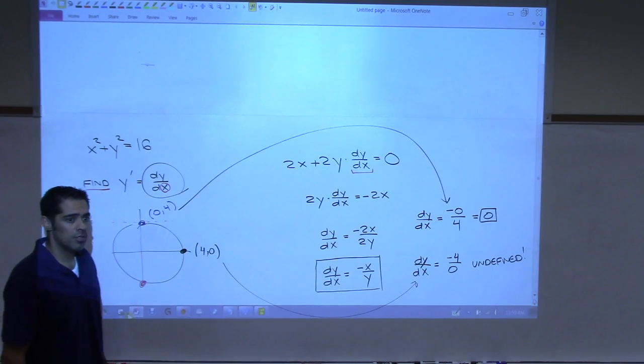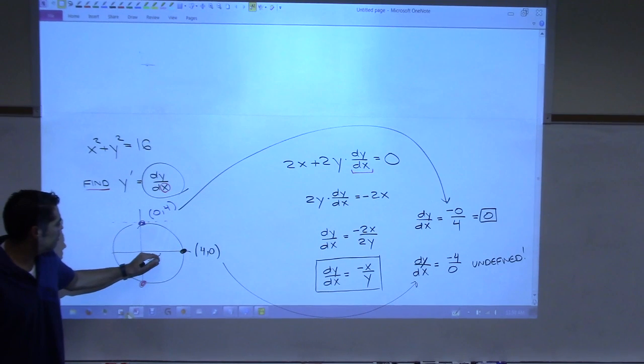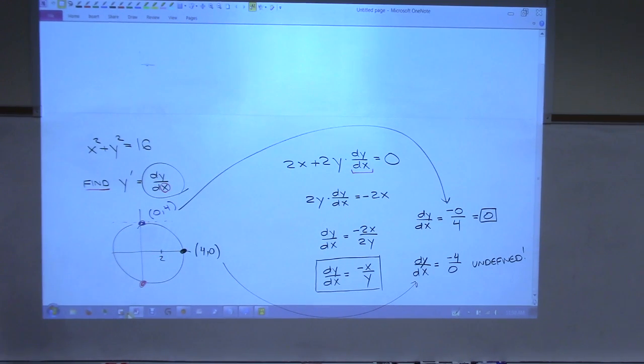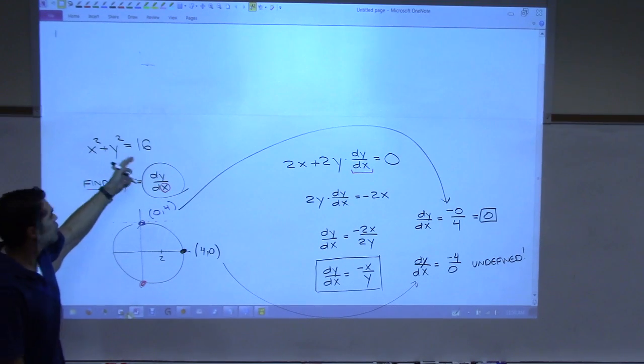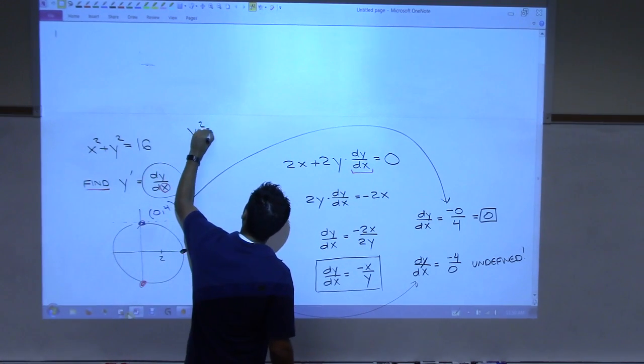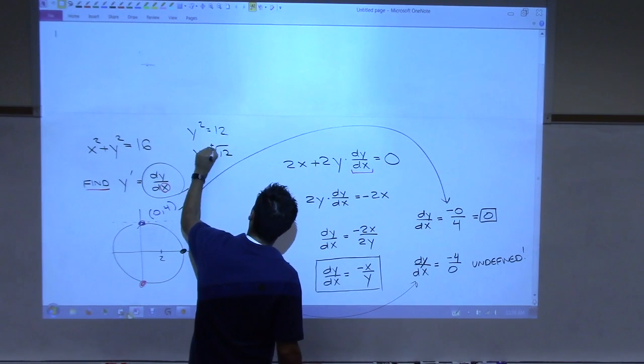What if you know the x but you don't know the y? Yeah, let's try it. Do you agree I could pick 2 here for x? Well, just plug 2 in here and let's see what happens. 2 squared is 4. Subtract 4 from both sides and you get 12. So you get y squared equals 12, and then take the root of 12, plus or minus, right?